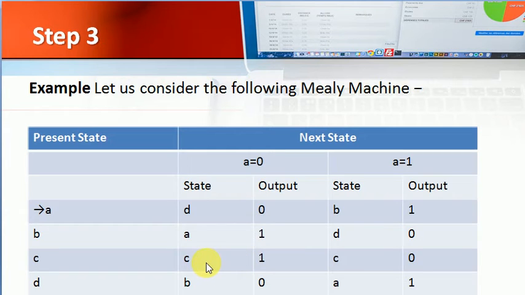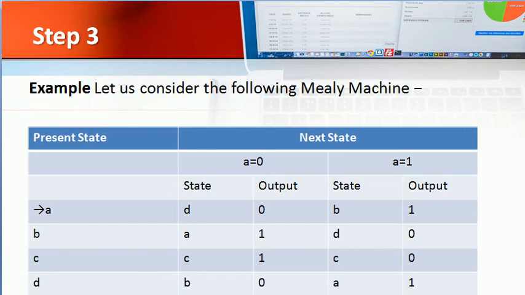Same for C. C gives the output 1 here and the output 0 here. So we also have to break C, and D is giving the output 0 and D is giving the output 0 here, so we have nothing to do with this. So we have seen that A will remain the same, B will be divided into the states B0 and B1, and C will also divide into the states C0 and C1, and D will remain the same.